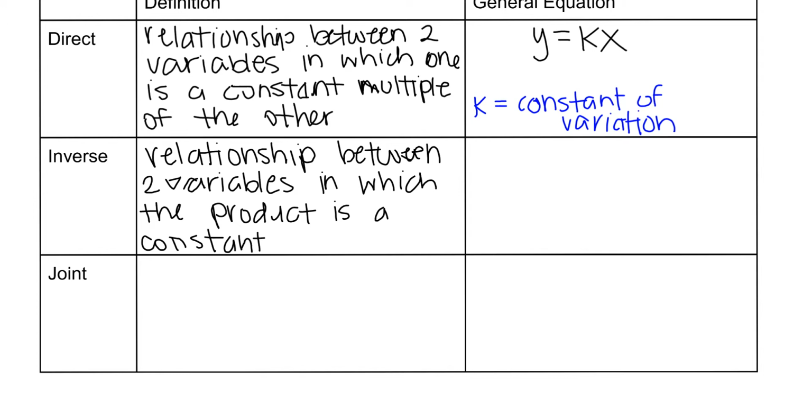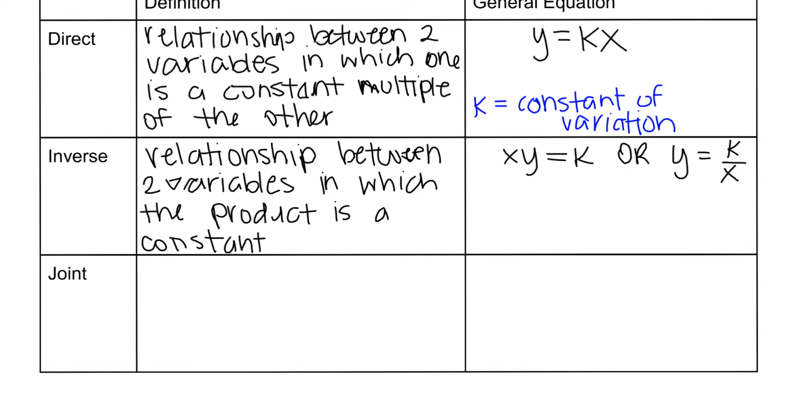So its general equation would be xy equals k. The 2 variables x and y, when I multiply them together, I'm going to get my constant of variation k. But we're typically going to look at our variation equations as y equals, so you're typically going to write it as y equals k over x. We're going to represent our equation in terms of y, and k still represents that constant of variation.